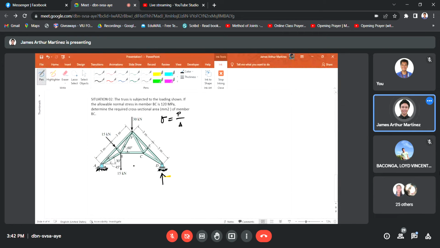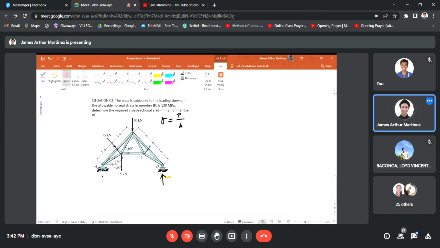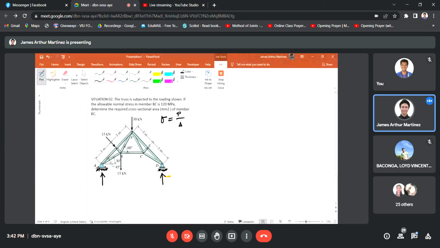And then at support A, you have a hinge type of support, which we know has two reactions. And normally the reaction at the hinge support is not only upward, because of the nature of the external loading applied to the structure.